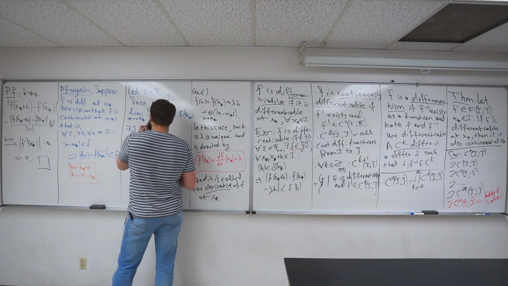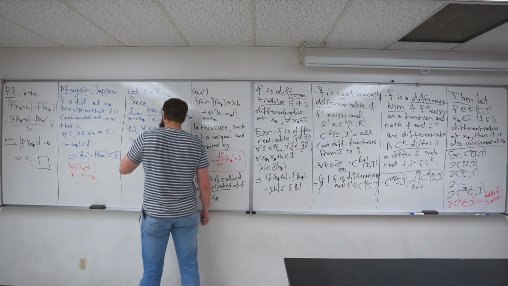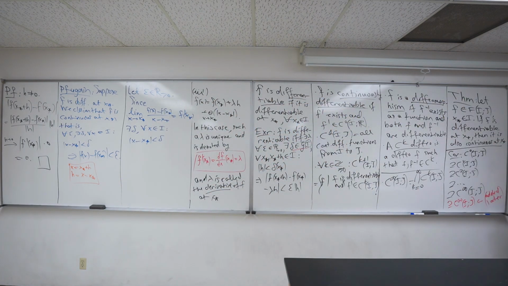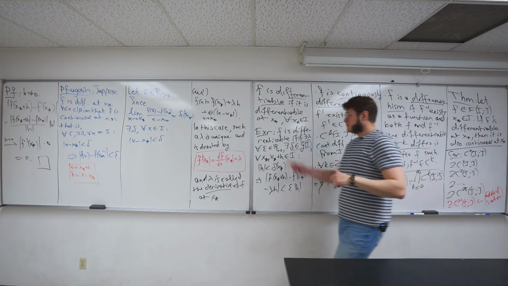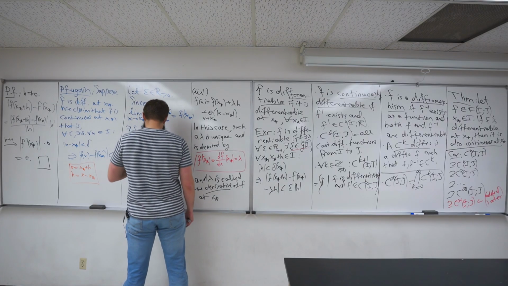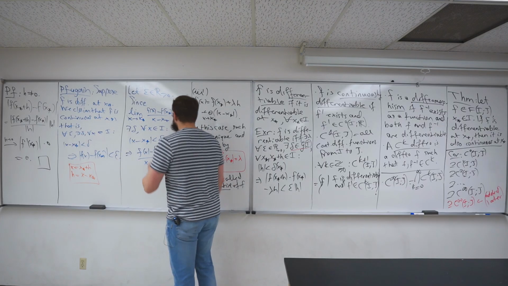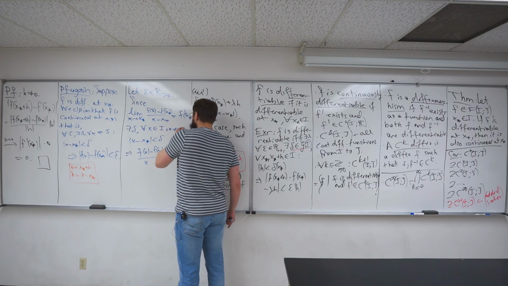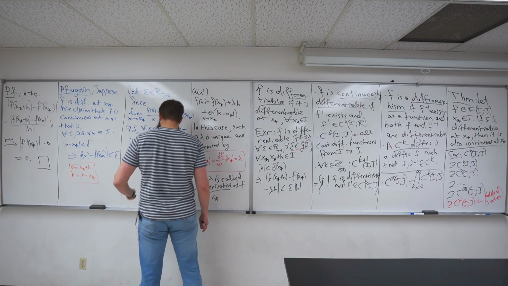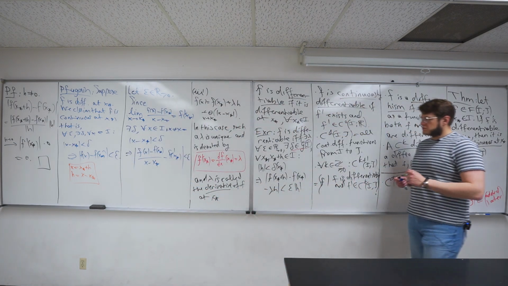There is a delta such that for any x in I, if the distance between x and x star is bounded by delta, that is to say, if my perturbation is at most delta, then the difference between these two, of course, I should say probably x not equal to x star, is bounded by epsilon.